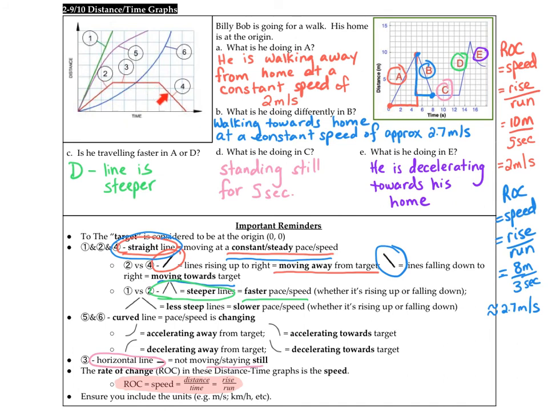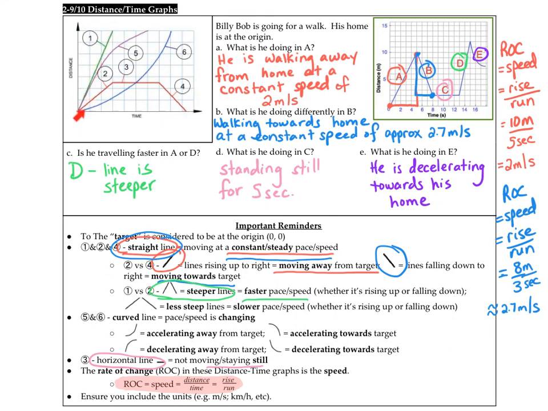Any lines that are moving down means he's traveling towards the target. Any lines that are horizontal means he's standing still. Steeper lines means he's traveling faster. And if it's curved, it means he is traveling at a changing speed. If it's straight, he's traveling at a constant speed.